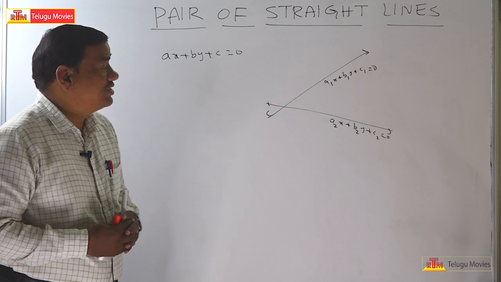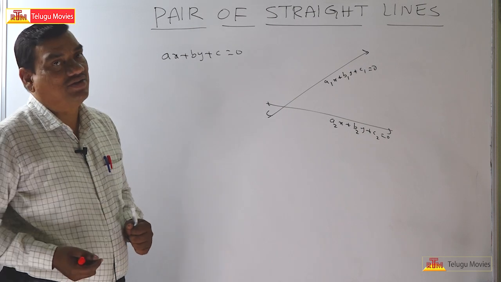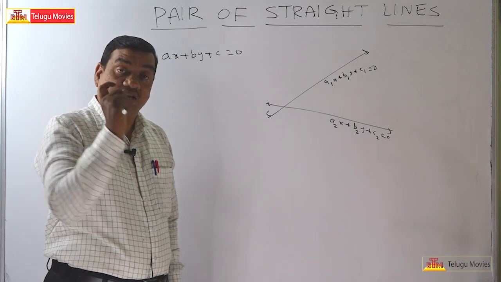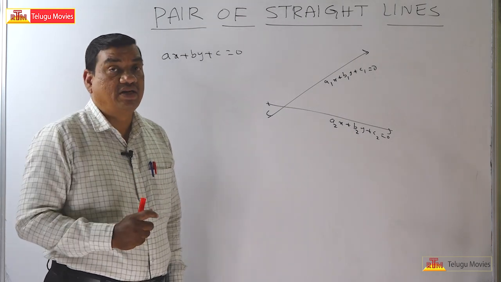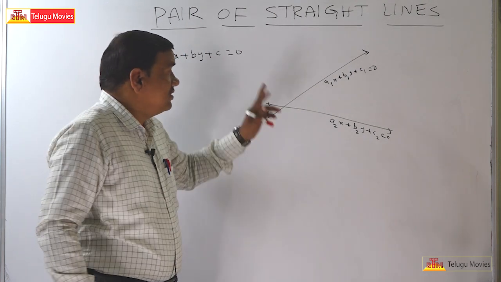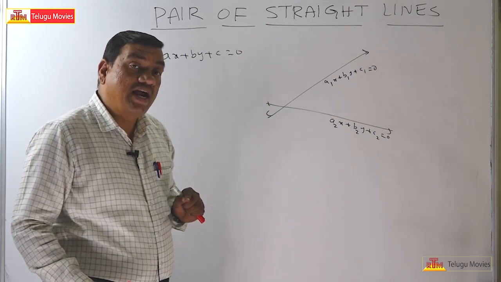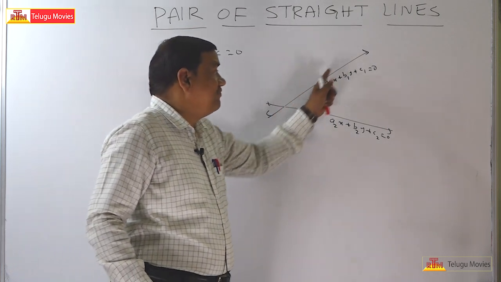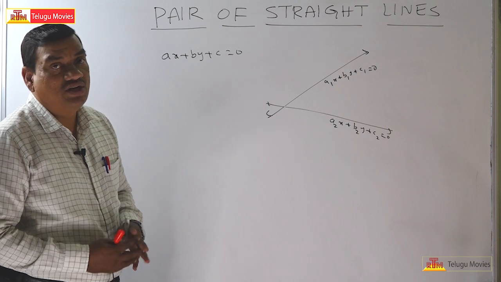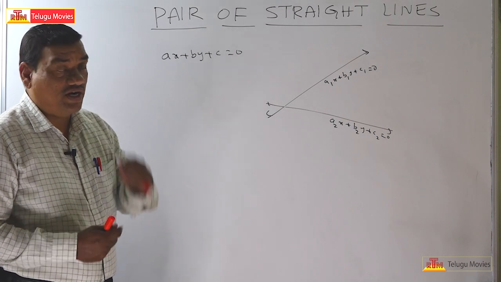Now we are going to discuss what the combined equation is. We want a general equation which represents both the lines. That means that equation should satisfy each and every point on both the lines. That equation we want to get.